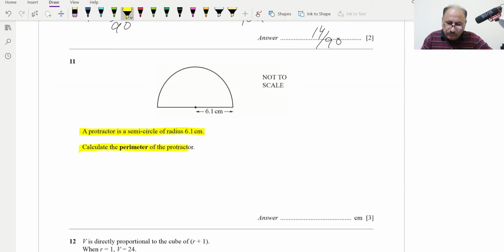Now question number 11, a protractor is a semicircle of radius 6.1. Calculate the perimeter of the protractor. The diagram is not to scale, so this side is 6.1, this side will also be 6.1.